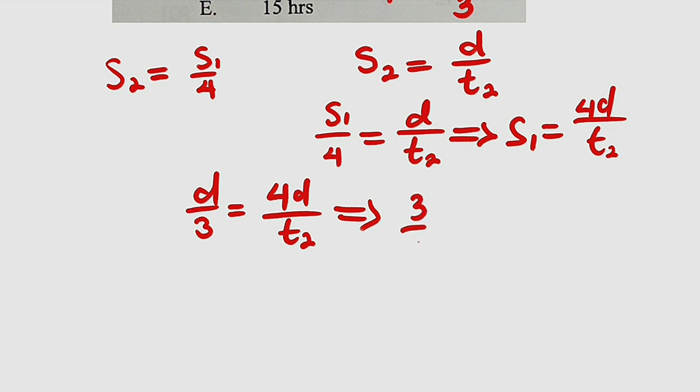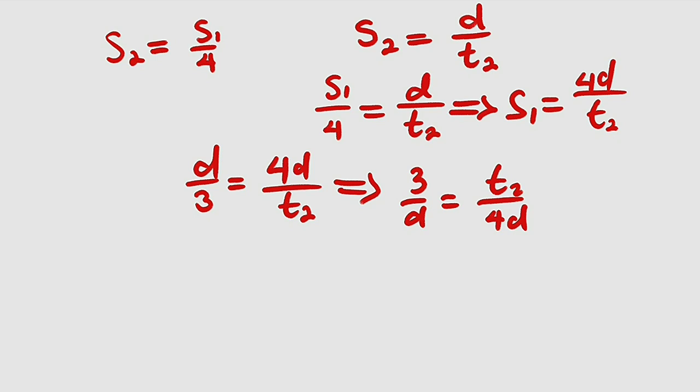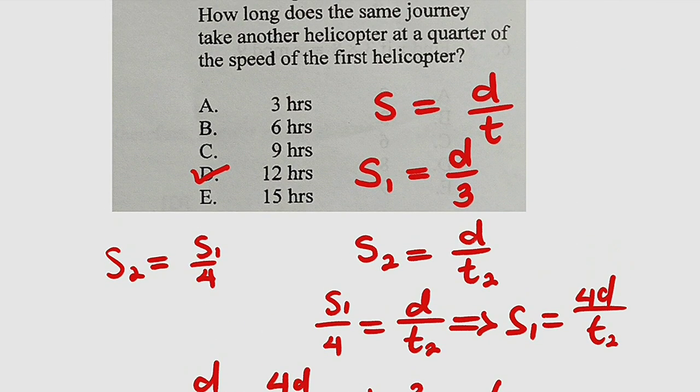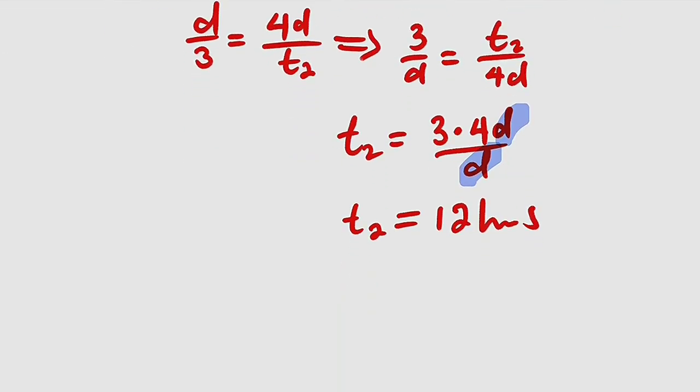So we have 3 divided by D equal to T2 divided by 4D. Then we can multiply both sides by 4D just to find T2. And hence T2 is equal to 3 times 4D divided by D. The D's will cancel. And 4 times 3 is equal to 12. Therefore, T2 is equal to 12 hours. You see how to work it out? And hence, our answer is what? Option D. Now, let us move on to question number 18.